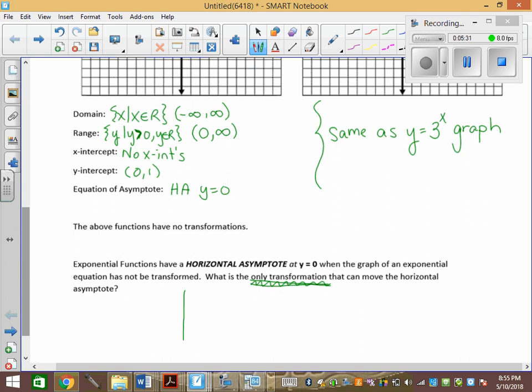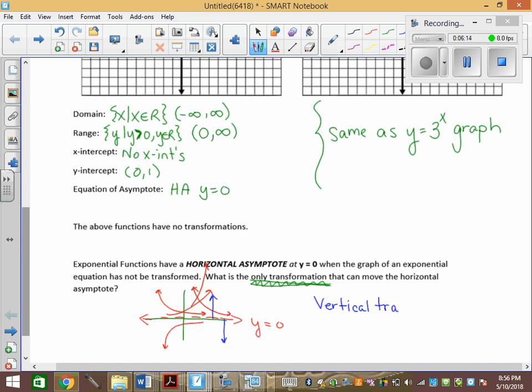Well, if I move my graph to the right or to the left, it doesn't change my asymptote. If I reflect in the x-axis, it doesn't change my asymptote. If I reflect in the y-axis, it doesn't change my asymptote. If I stretch vertically, it just makes it taller faster, but it doesn't change my asymptote. The only thing that changes this asymptote is something that moves it up or down. So the only thing that moves the asymptote is the vertical translation.